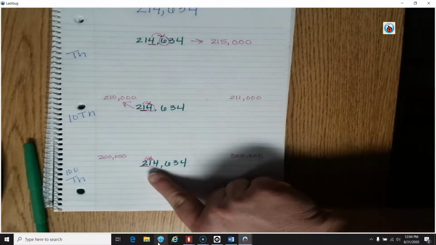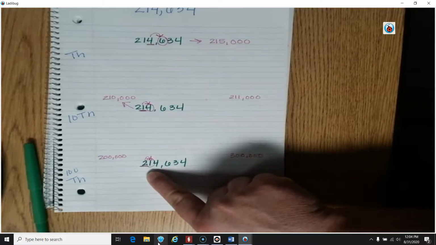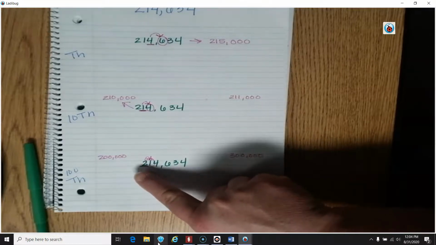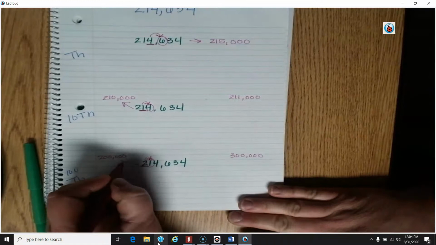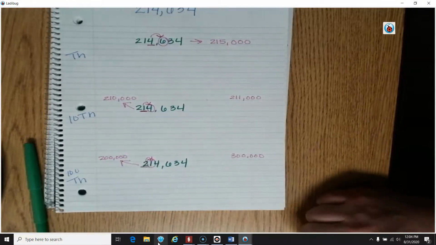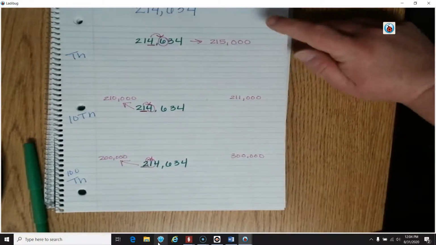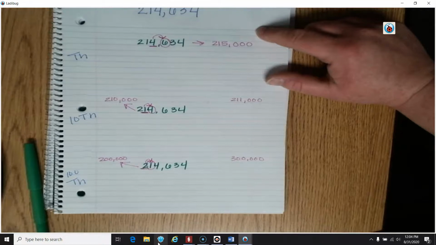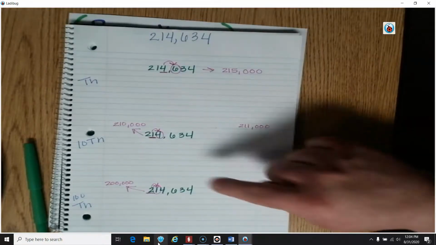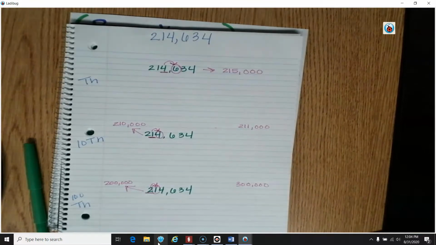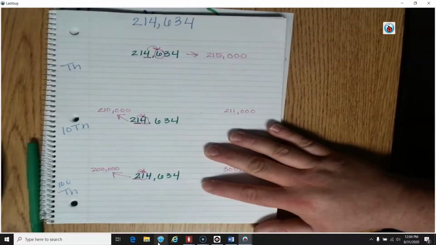So I see a 1 next door, which falls into the 4 or less, so I'm going to let it rest. This is going to round down to 200,000. So you see that it rounded down to the nearest 10,000 and 100,000.